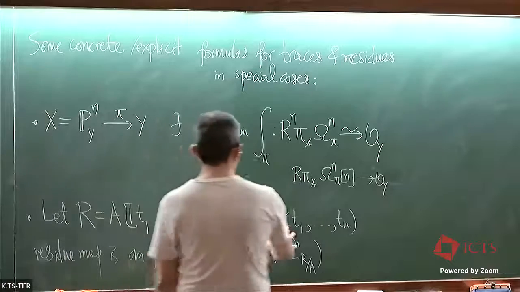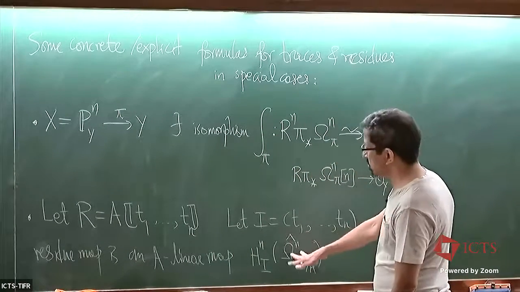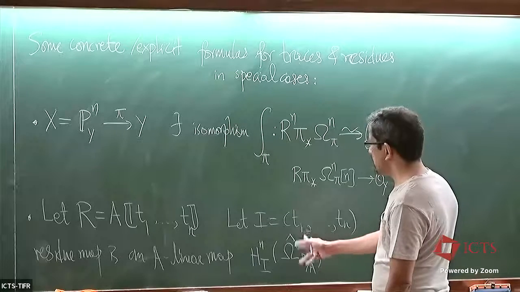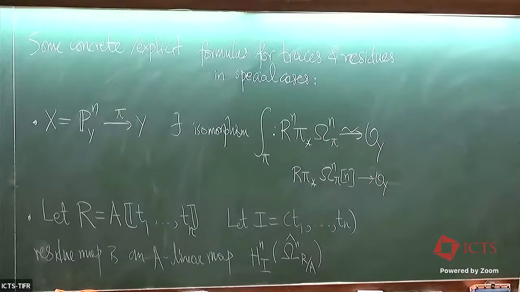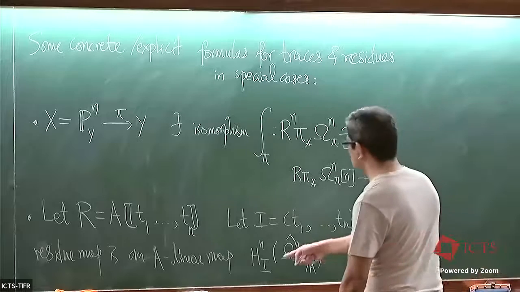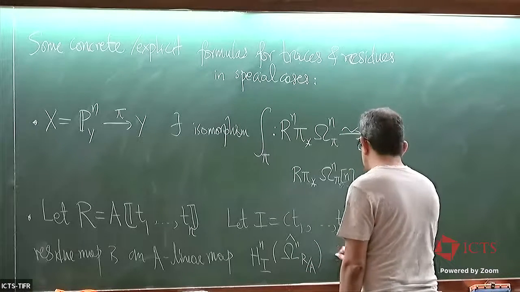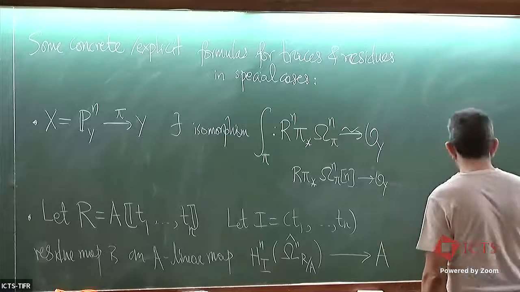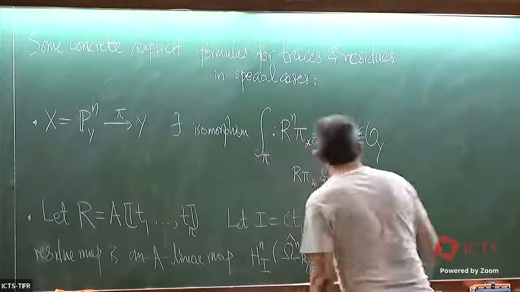But let's assume that we know what this means. So this is basically a free R-module generated by dt_1 to dt_n. And take the local cohomology of this. Then the residue map is a map from here to A, an A-linear map, uniquely determined by the following properties.